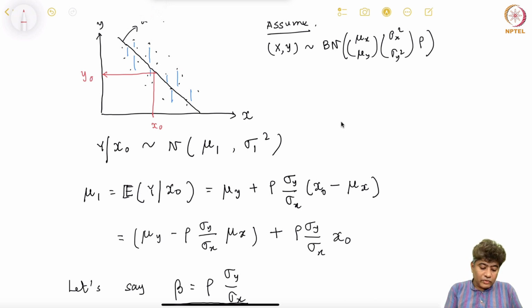But how much deviation can I expect? I have to get some kind of deviation so that I can say that this is the interval within which there is a 95% chance that my true y will lie. So how can we do that?